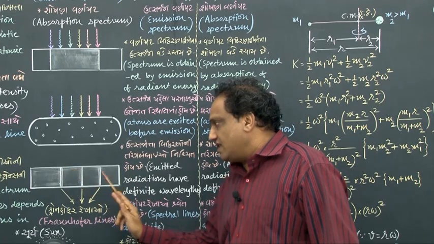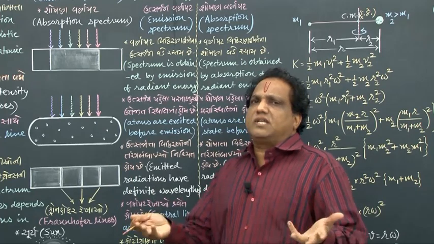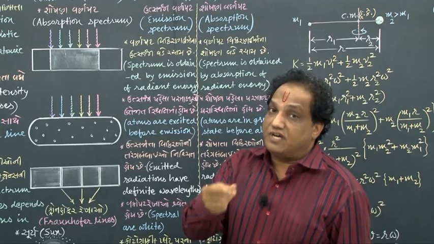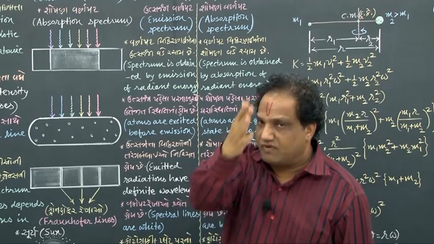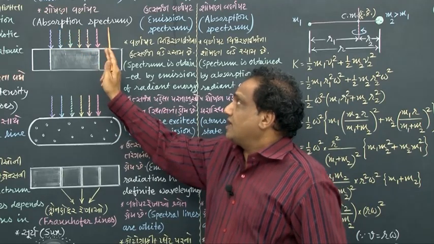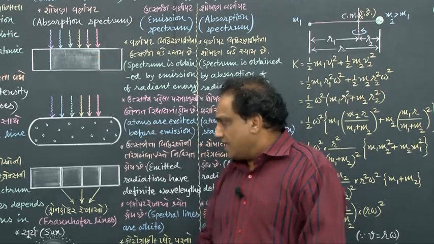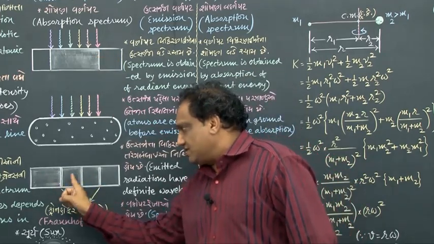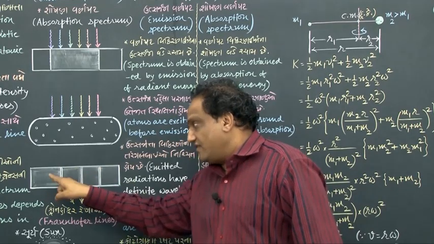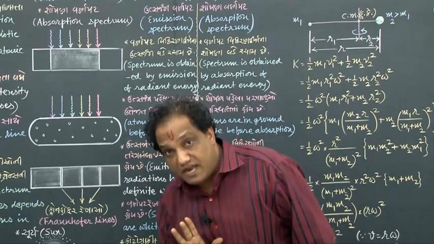Such extremely thin black lines are obtained in this spectrum, but such lines are obtained after the absorption process. That's why such a spectrum is called absorption spectrum. Correct? Fine. And at all other regions other than these black lines on the photographic plate, because of incidence of radiation, that much part turns out to be white.